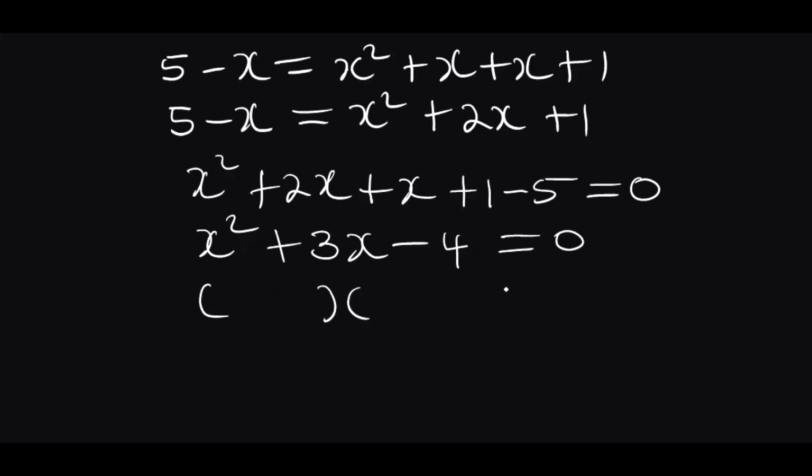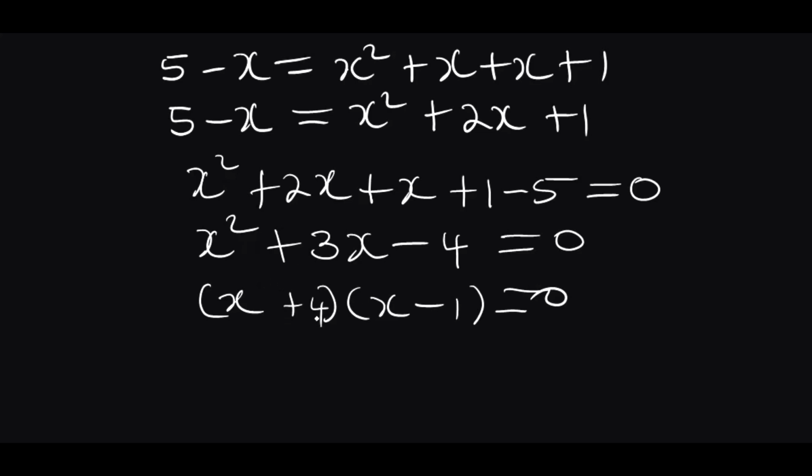Now we are required to factorize this quadratic equation. We will open the brackets, equals to 0. Then we need the factors of 4 that will give us the middle term, which is 3. Those factors are x plus 4 and x minus 1.